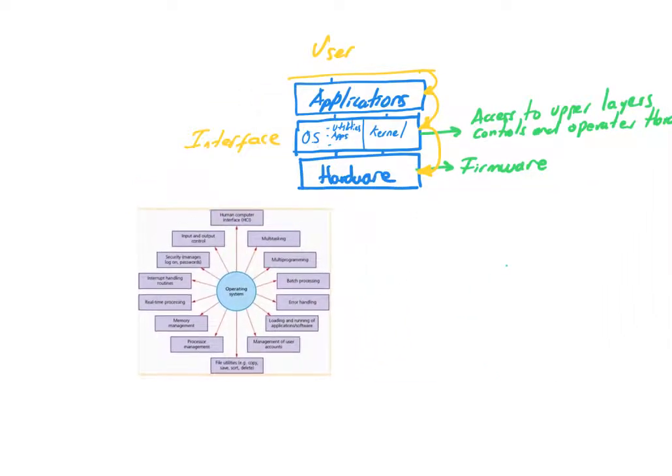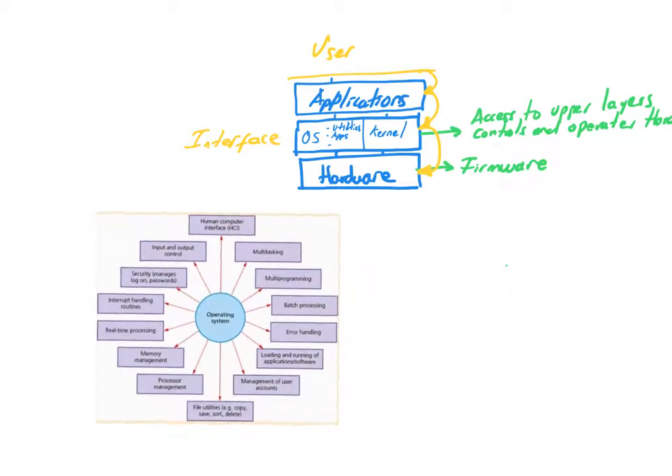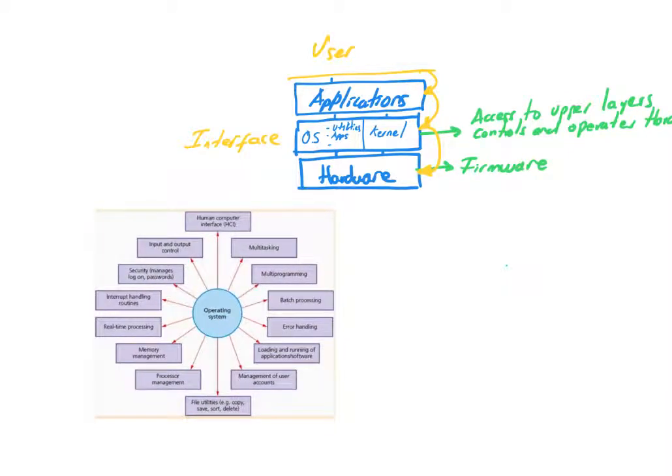So this is an example of what the operating system does. I would say the kernel would have functions that we could mostly classify as, most of all, process management, and that is handling how programs have access to the CPU.